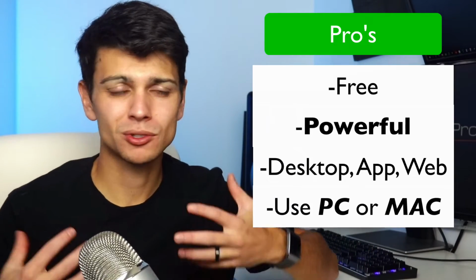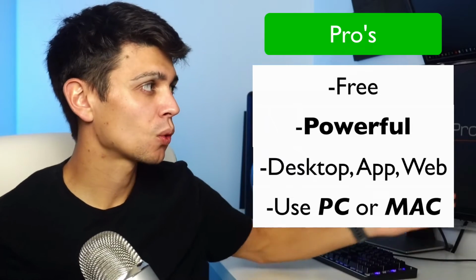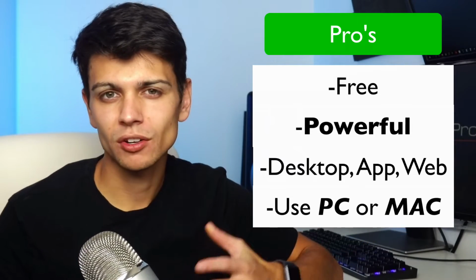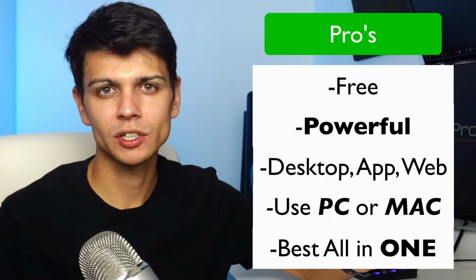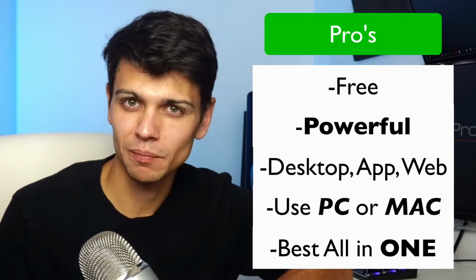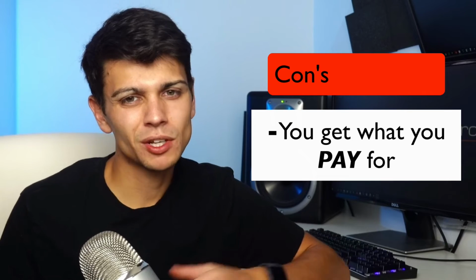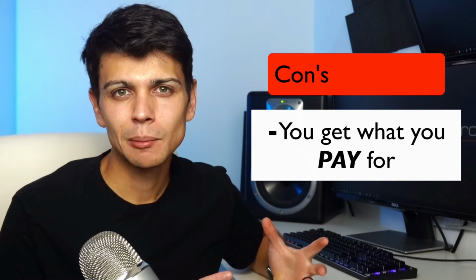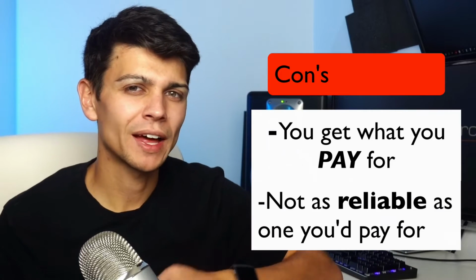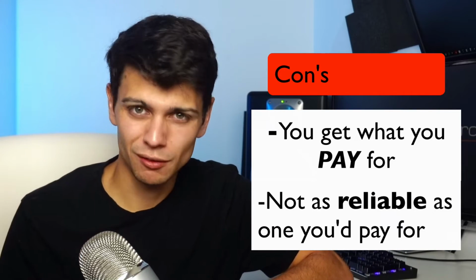They're also almost always compatible with Mac or PC, so they are usually the best all-in-one package, being able to use your own brokerage with their own platform. The biggest con is you get what you pay for, which, I mean, they are reliable, but maybe not as reliable as a platform that you would likely pay for.